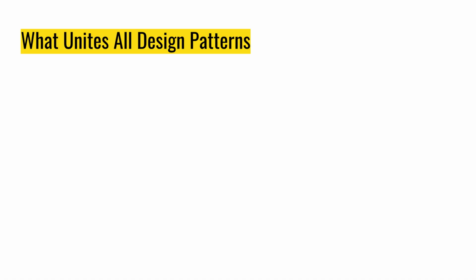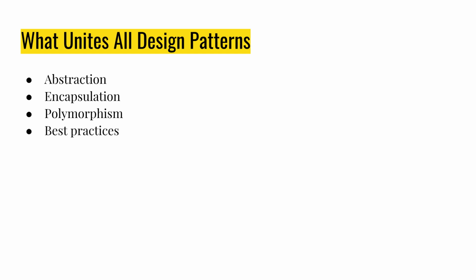And what unites all design patterns is abstraction, encapsulation, and polymorphism, and those three are essentially the pillars of object-oriented programming. Other than that, it's best practices and design rules, and now let's talk about design rules. Clear intent is what design patterns define. Clear intent is when reading code tells you what it does.